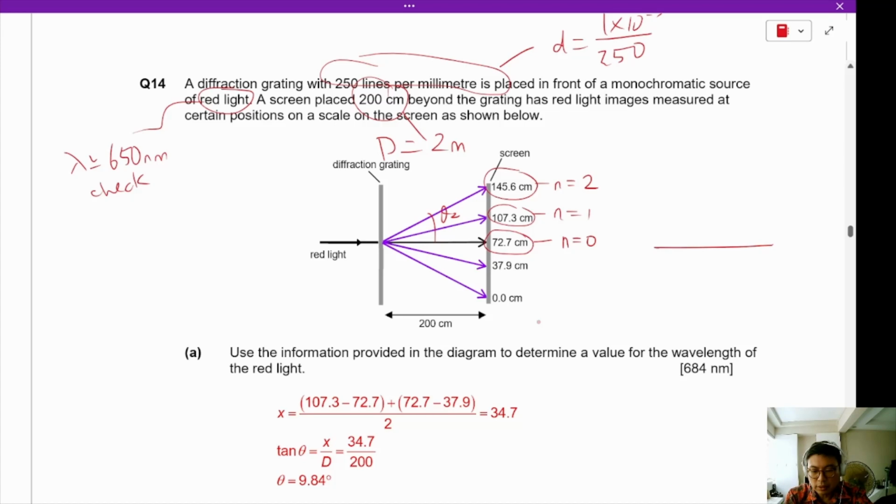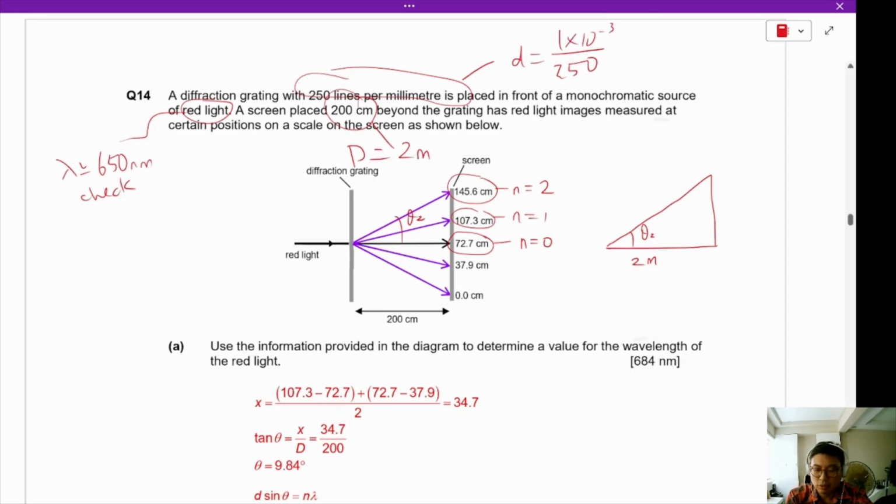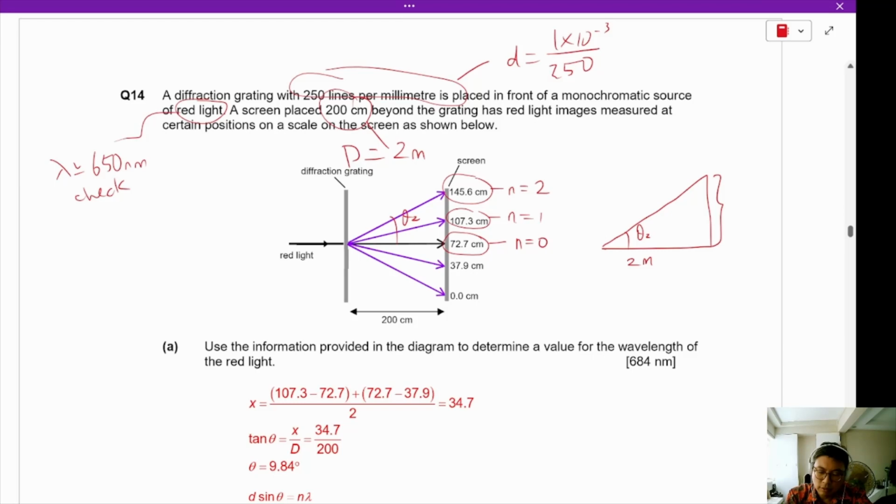Let's do some trigonometry. This is theta 2 and this is 2 meters, and then this is 145.6 minus 72.7 cm. Later on we have to convert it into meters.